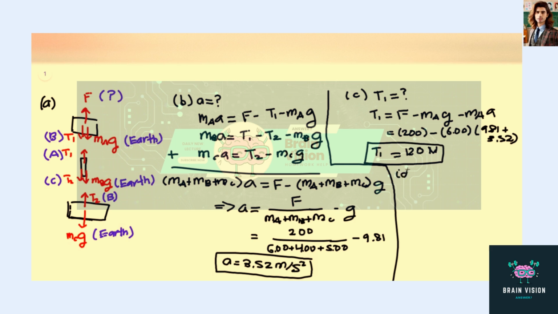Okay, and then in part D, I think the easiest way to visualize this is to break up the rope into two parts because we want to know what the tension at the bottom of the rope is. So in other words, I'm going to break the rope into two parts like so, and extend our free body diagram.